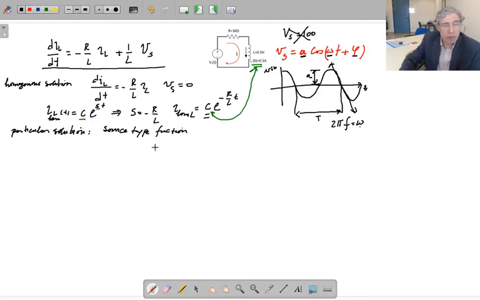So we are going to do a similar operation to what we did for the homogeneous solution case. We are going to estimate that source type of function. So assume that IL particular is capital A, not the small a, capital A, cos omega t plus theta.